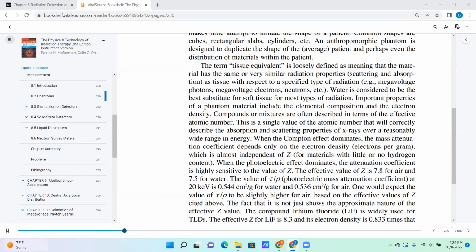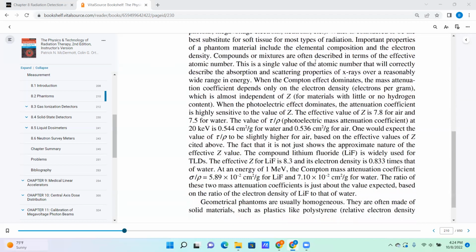Important properties of the phantom material include the elemental composition and the electron density. Compounds or mixtures are often described in terms of the effective atomic number. This is a single value of the atomic number that will correctly describe the absorption and scattering properties of X-rays over a reasonably wide range in energy.